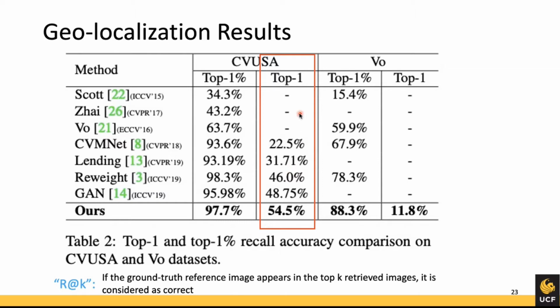If you look at the top one recall, our method is able to outperform other existing methods considerably. Compared to this paper, we are able to achieve almost 6% improvement. One thing to note is that all these methods do not assume orientation alignment information, so that's why we compare with them to make a fair comparison.